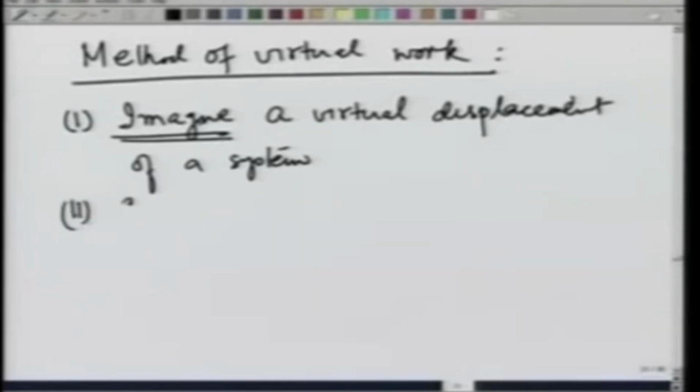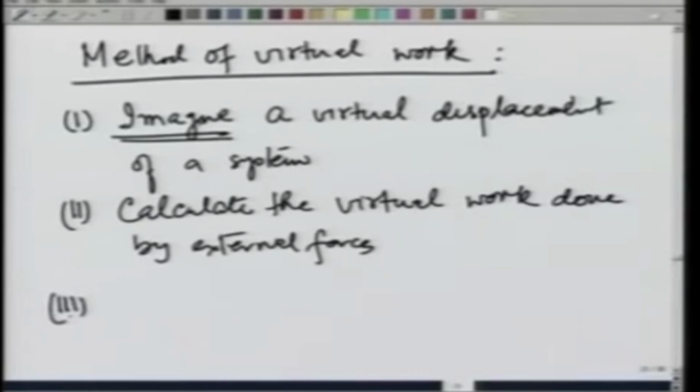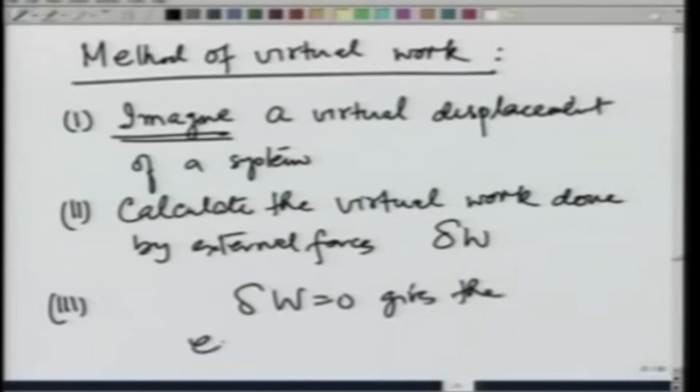2, calculate the virtual work done by external forces, and 3, call this delta W. Delta W is equal to 0 gives the equilibrium condition.